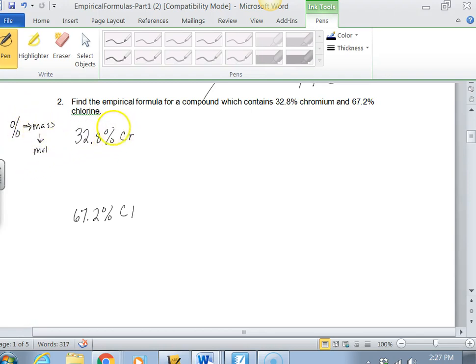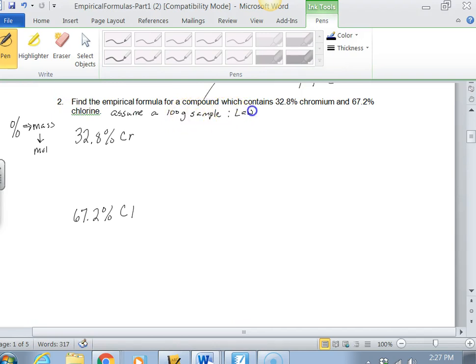We can do that pretty simply by assuming that we have a 100-gram sample. It doesn't matter what size sample we choose, but 100 is convenient.